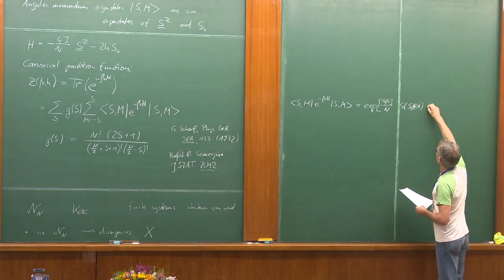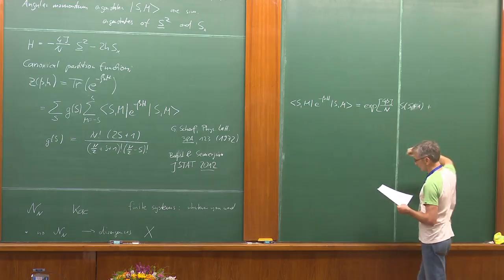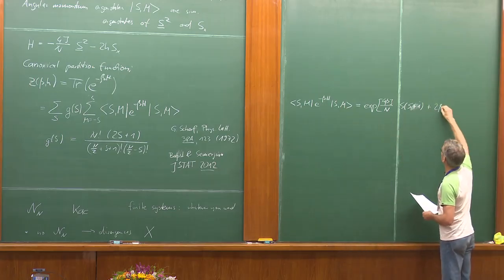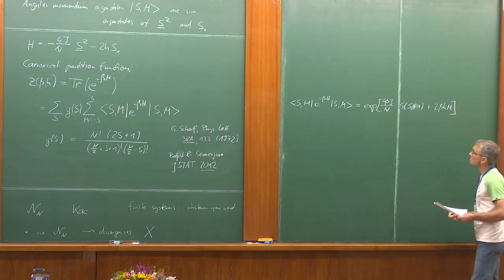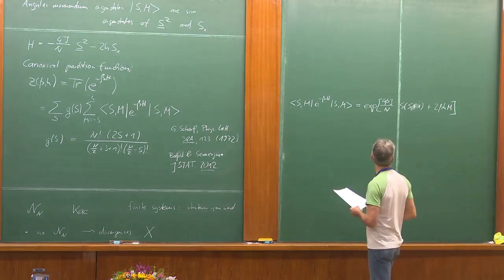And the evaluation of the x component, we said x component corresponds to our quantum number m, so we get 2 beta h m. Right, that's nice and simple.